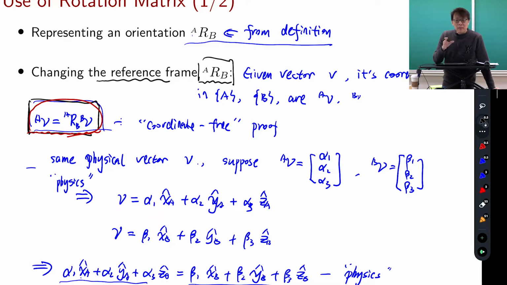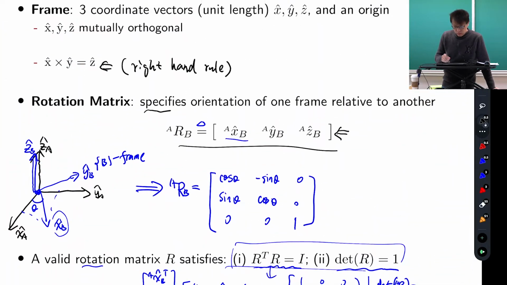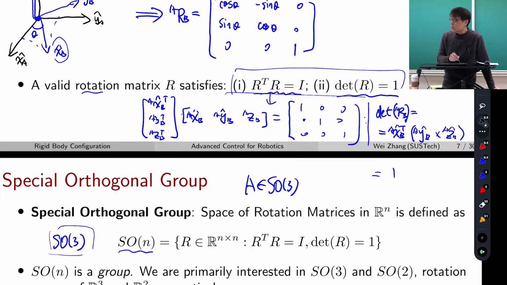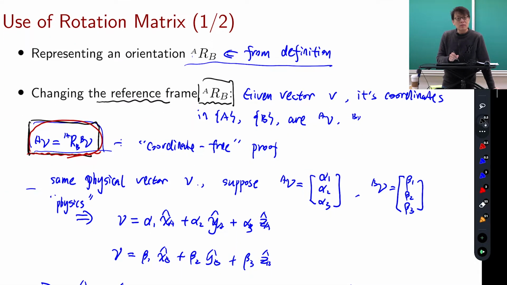Definition never changes unless we start from a different way to define it. The way we define R_BA is always the orientation of frame B in A. It's just this formula, right? We don't change it. But this is a property that we conclude: the definition we just introduced has this kind of formula to relate vectors in B to A. You have to separate definition from properties.